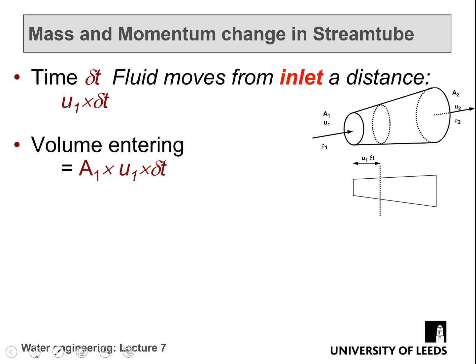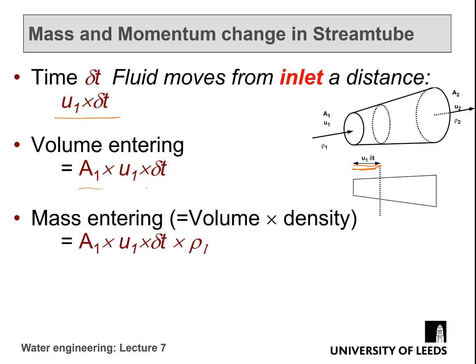Now let's just have a look at this cylinder. We know we've got a fluid that moves a distance, velocity times delta t, in time delta t. So it moves this distance here. That volume, if it's moved in through an area A, is area times that distance.